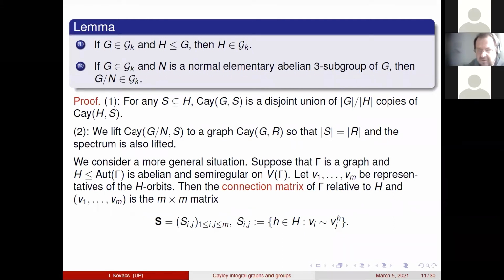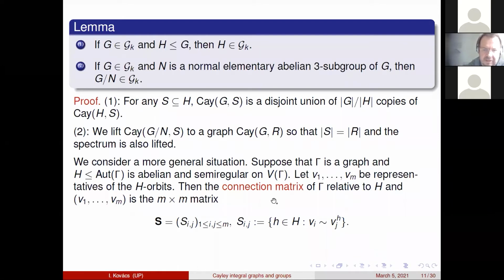Suppose that you have a graph gamma, and suppose that its automorphism group contains an abelian semi-regular subgroup. Let v1, ..., vm be the representatives of its orbits. Now you can define a matrix, which I call the connection matrix of gamma relative to this semi-regular abelian subgroup.